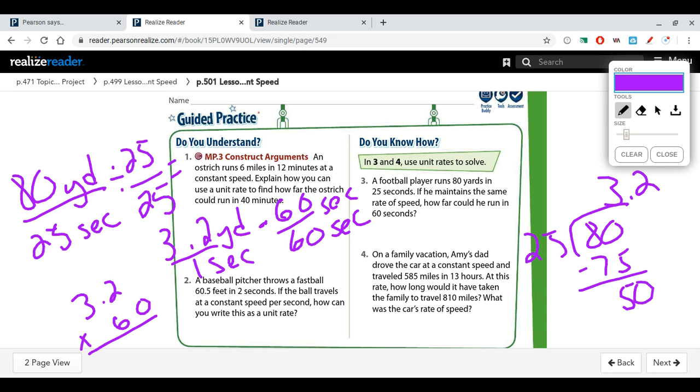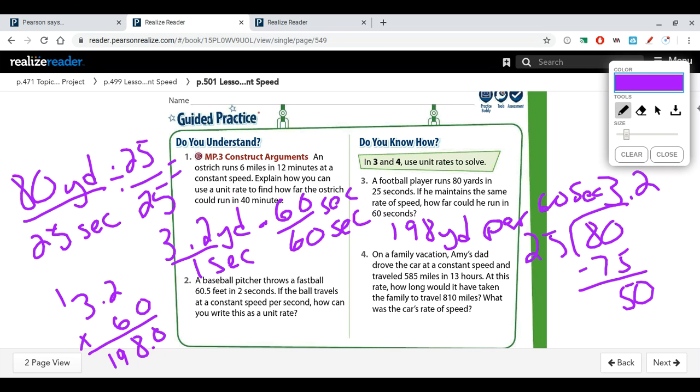Very first step, 0 times 2 is going to be 0, 0 times 0, so I'm going to just put that 0 down. 6 times 2 is going to be 12. I regroup the 1. 6 times 3 is going to be 18 plus 1 is going to be 19, so 192. I have one value behind the decimal, so it's going to be 192 yards per 60 seconds.